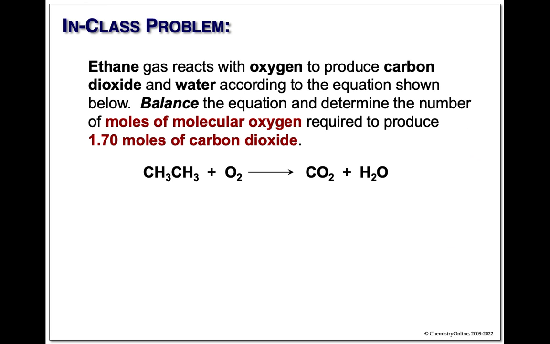So how many oxygens do we need? We have 4, 5, 6, 7, right? So what's our coefficient? Well, oxygen comes as pairs, so this would be 3.5.